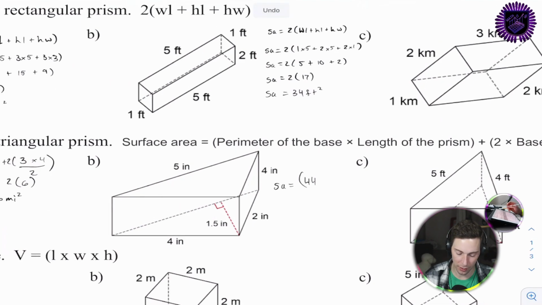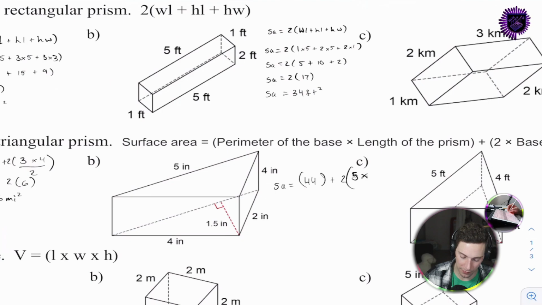And then our triangle shape is base times height, 5 times 1.5 divided by 2. 5 times 1.5, that's 5 times 15, 75. 7.5 times 2 is 15.